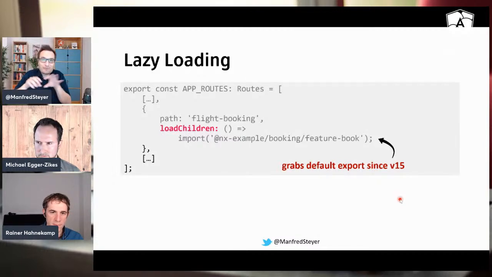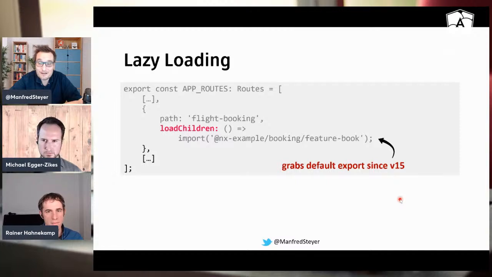There are a lot of little tiny improvements that overall make Angular more lightweight, and I think that's a good message. My only point of criticism here is that currently this is the only place in Angular where default exports are supported. But this is only a tiny point of criticism, and we need to start somewhere, I guess.